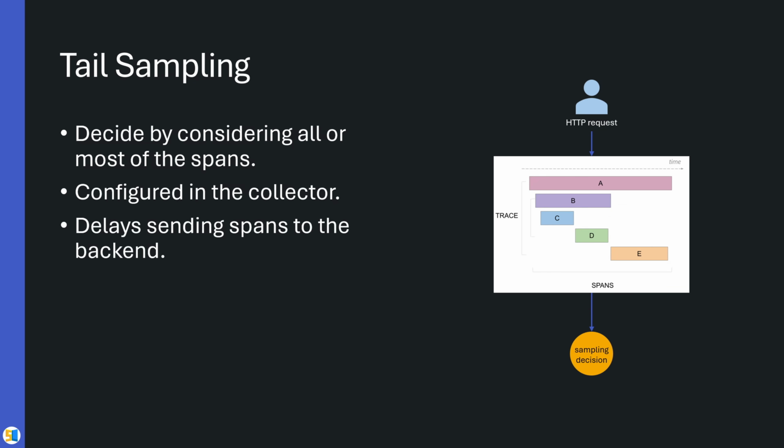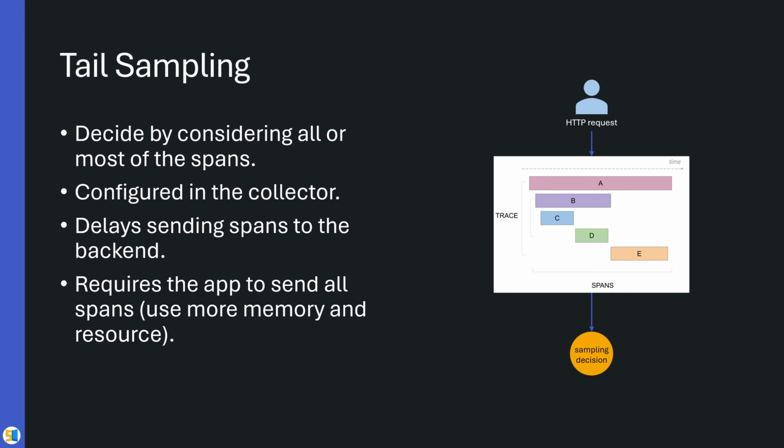Because you need to make a decision at the end, there will be a delay sending spans to the backends, because it needs to collect the spans within traces, right?